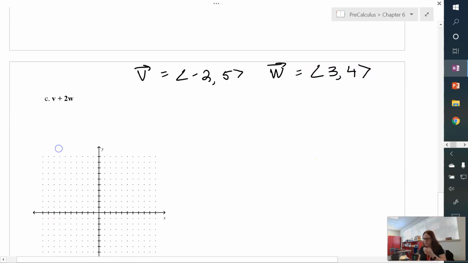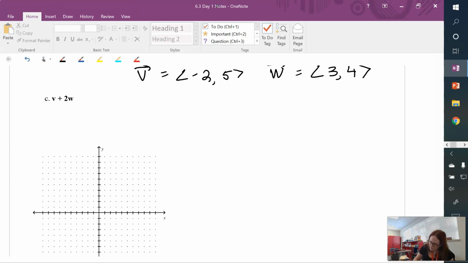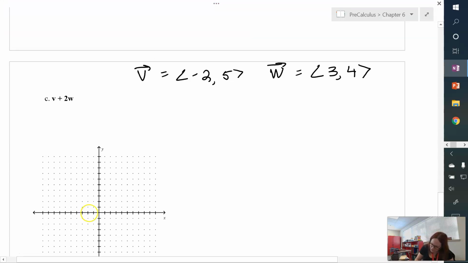Okay, so let's do this graphically first. So I'm going to plot vector v. I'm going to go back 2. I'm going to go up 5. So here's vector v. Now I got to do 2 w's. So I'm going to go positive 3, and up 4.